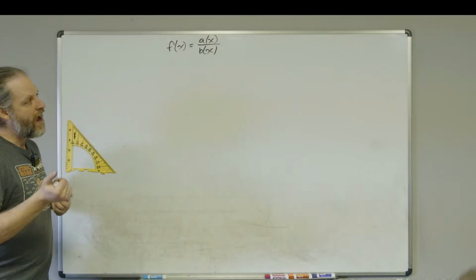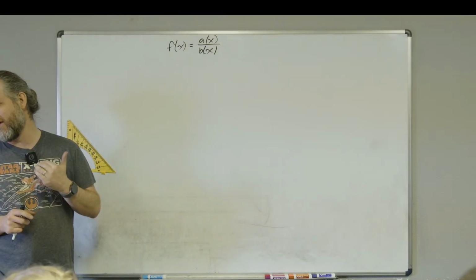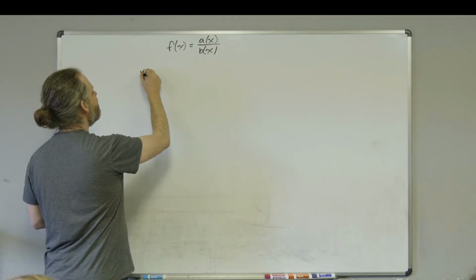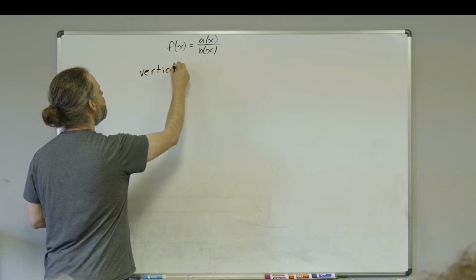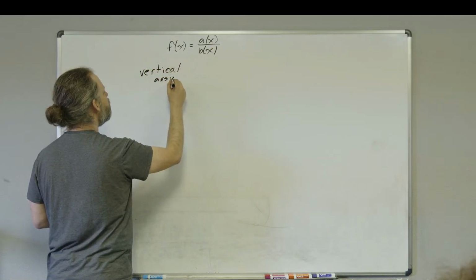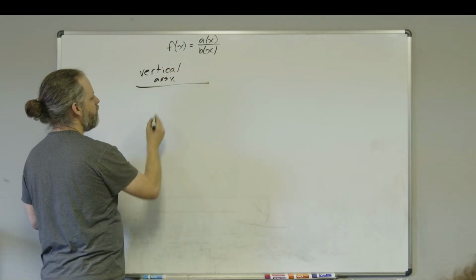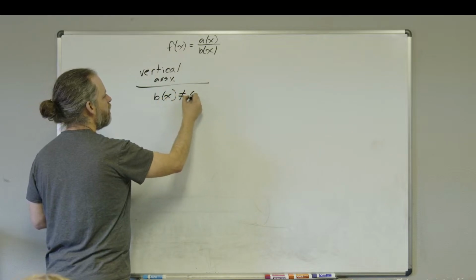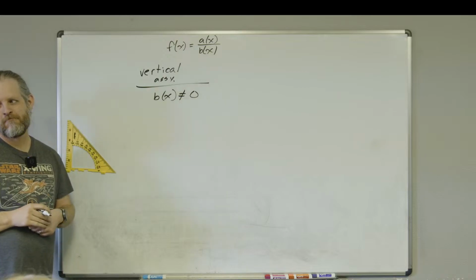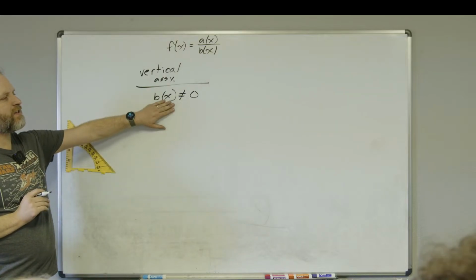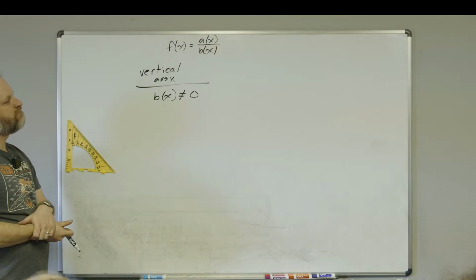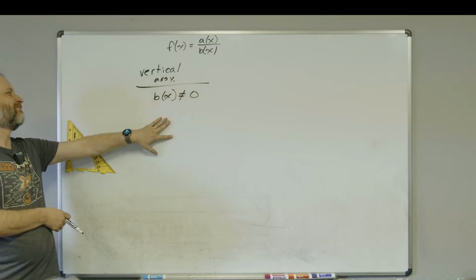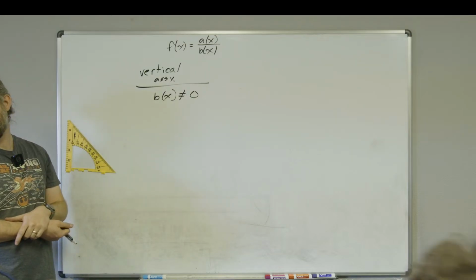So how do we find the vertical asymptotes? We do it by setting b of x equal to 0, because b of x cannot equal 0. So to find the vertical asymptotes, we set b of x equal to 0 and figure out what we get.